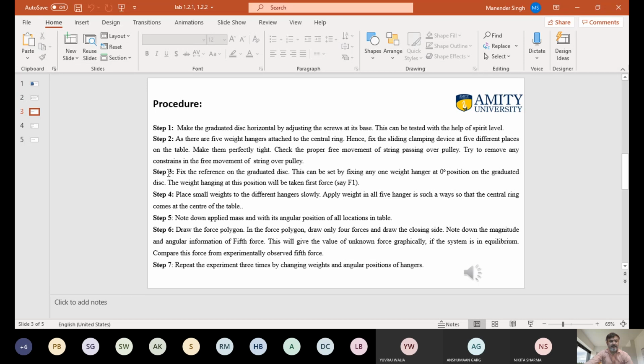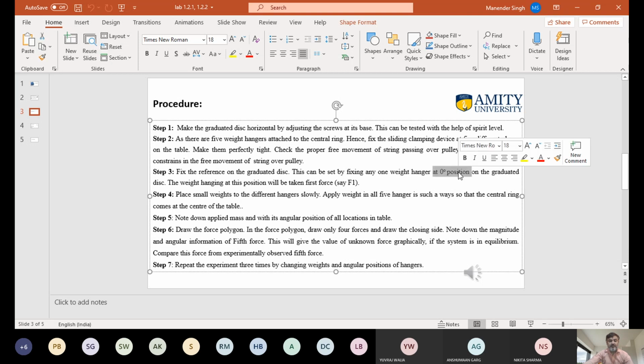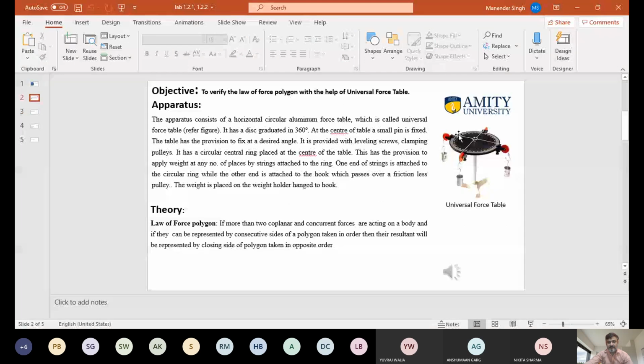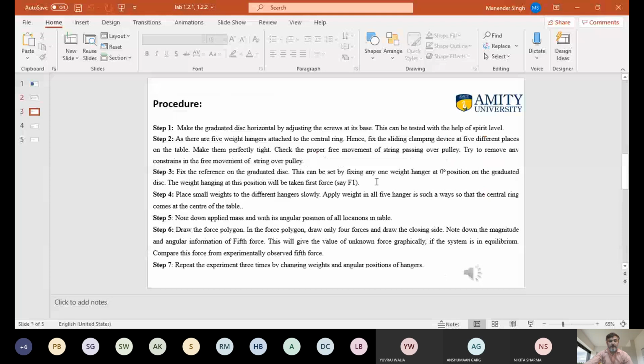Steps 1, 2 and 3 are just normal steps, but in the next step we have to fix one weight hanger at the 0 degree position. This table has some markings of degrees on the universal table. So we have to fix one weight hanger at 0 degree position, and place small weights on the different hangers slowly.